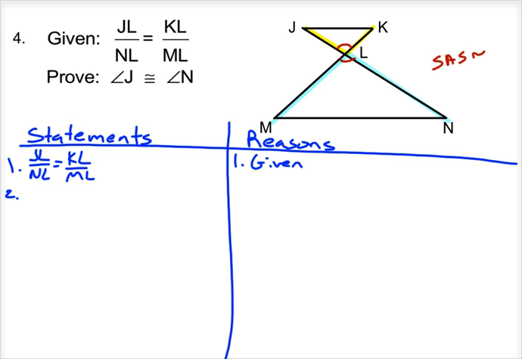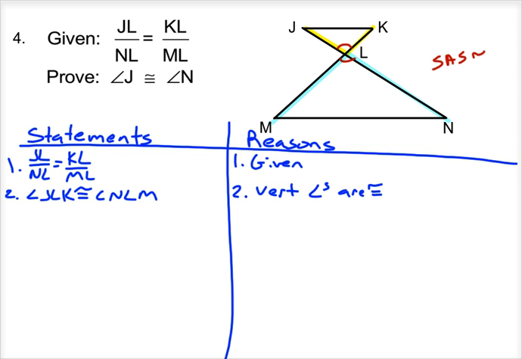If I want to use side-angle-side, I already have that the sides are proportional. I need that the angle is congruent. So up on the top, I get angle JLK is congruent to angle NLM, and the reason is vertical angles are congruent.